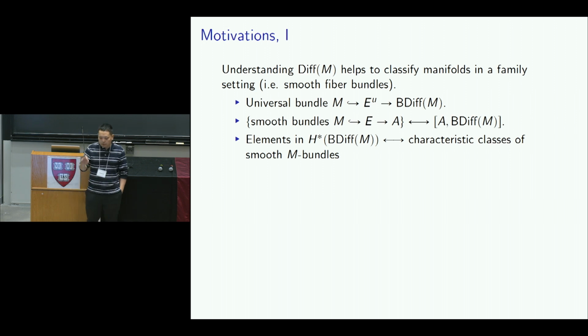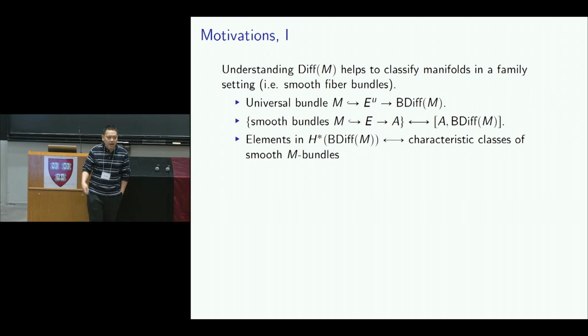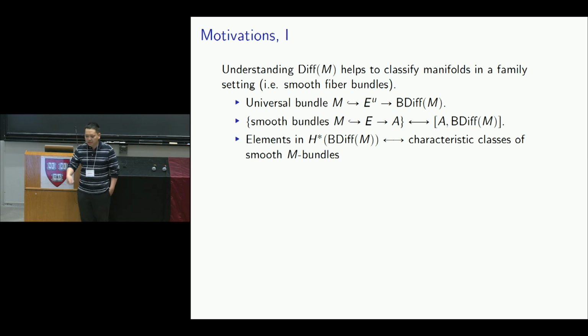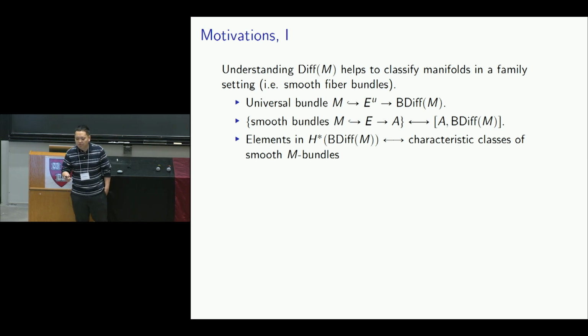In particular, elements in the cohomology ring of this classifying space correspond to characteristic classes for manifold bundles. Because every bundle is pulled back from the universal bundle, you just take the characteristic class of the universal bundle to be a specific element in the cohomology of the classifying space, and then pull back. So understanding this cohomology is basically understanding characteristic classes for manifold bundles.